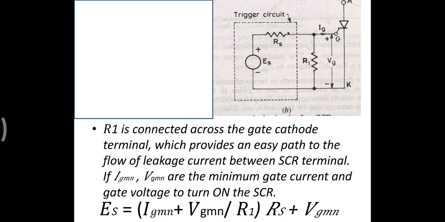But if you connect a resistor in shunt, we get equal currents. We connect this resistor to get an easy path for the leakage currents, so all the leakage currents are easily removed and current sharing between the two SCRs will be the same. This is the overall theme of today's class.